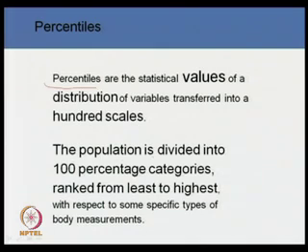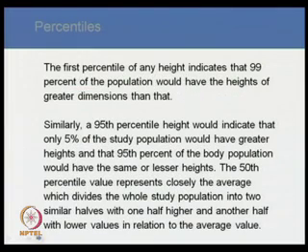The population is divided into 100 percentage categories ranked from least to highest with respect to some specific body measurement. The first percentile of any height indicates that 99% of the population would have heights greater than that.